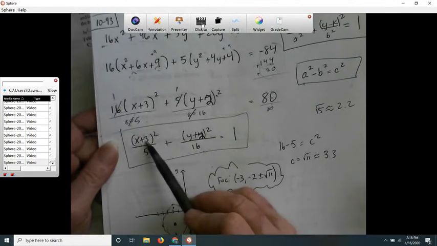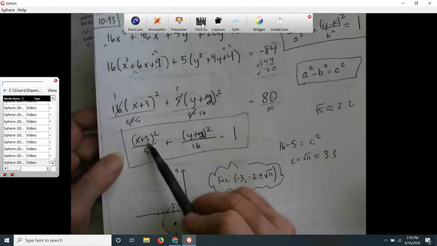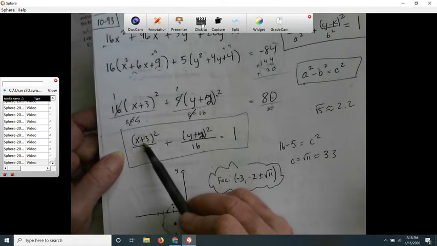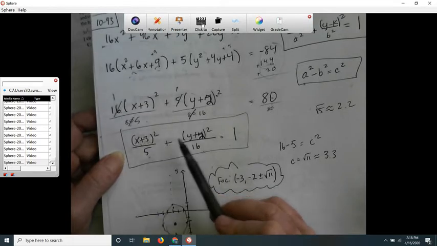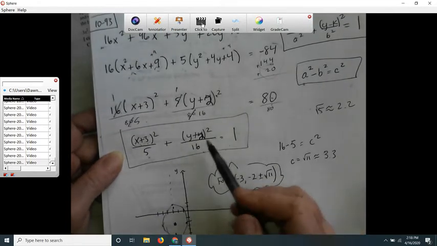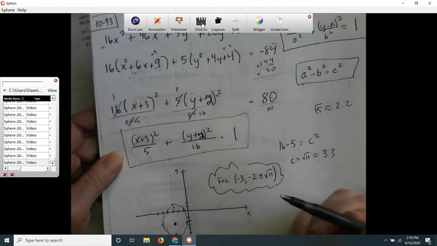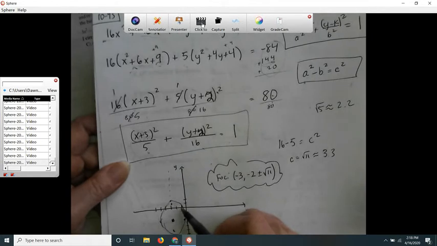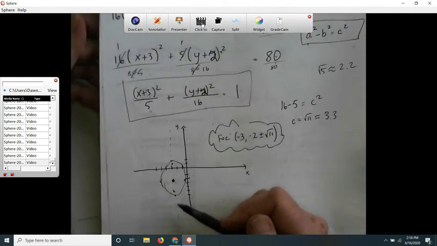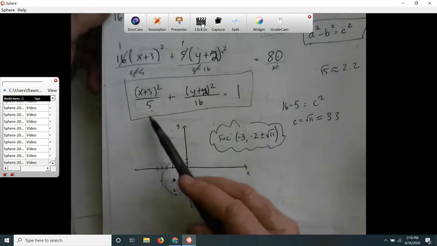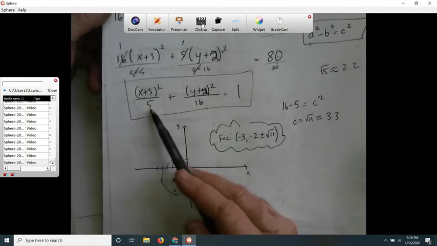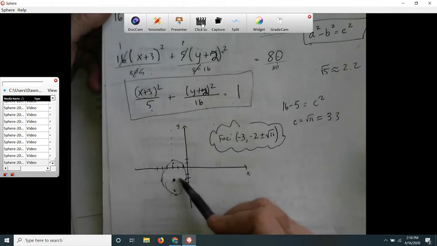Now I can get my center. I've got x minus h, so that'll be (-3, -2), I suppose. So 1, 2, 3, 1, 2, put my center in there. And then I'm going to look at this 5, and this is going to tell me how far to go on the right and the left of the center.